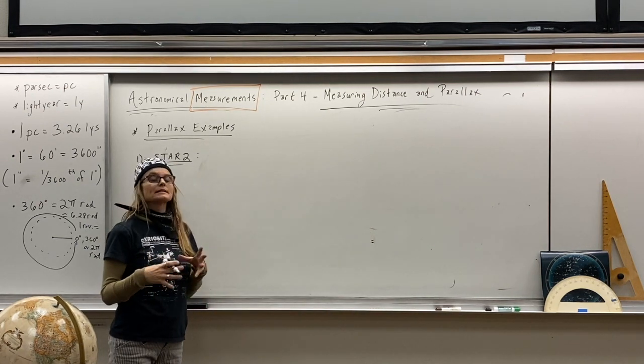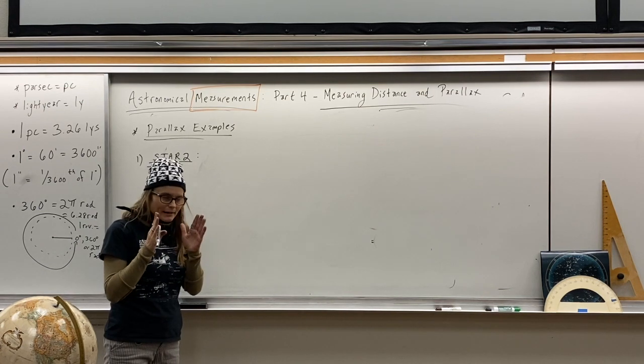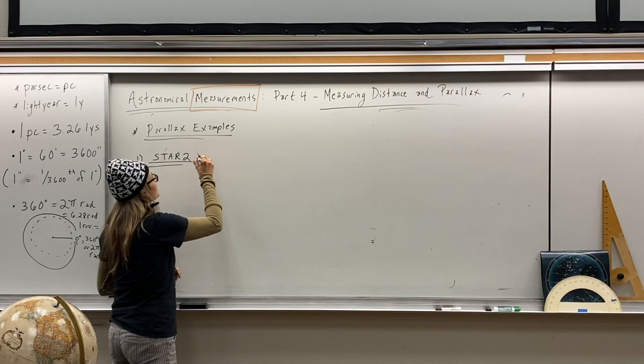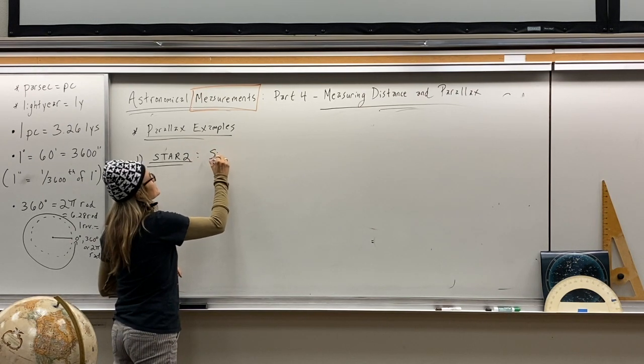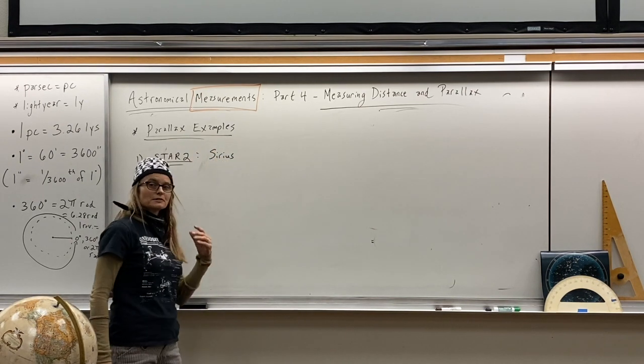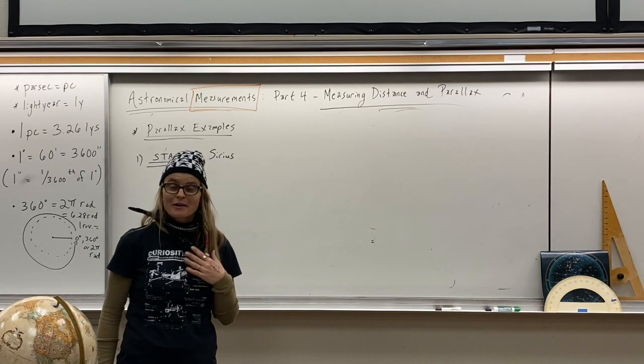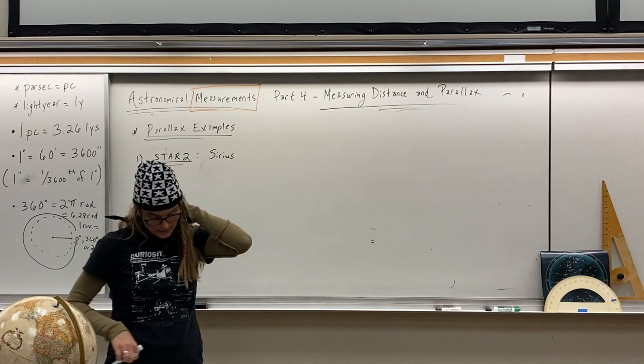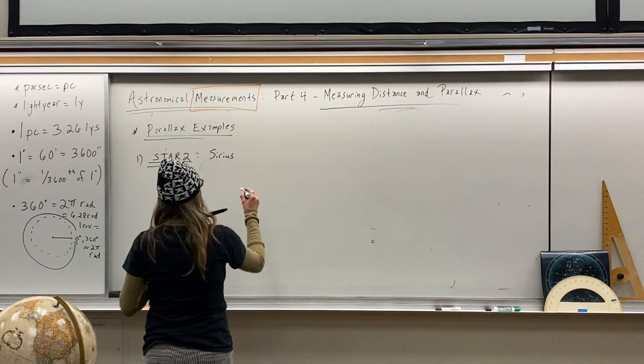Now, Sirius is a binary star system. Binary stars are also used to help us find distances too, by the way. So let's do Sirius. And which one are we going to do? Sirius A or Sirius B? One's a white dwarf and one is a little more massive than our sun. Well, let's go ahead and do Sirius A.